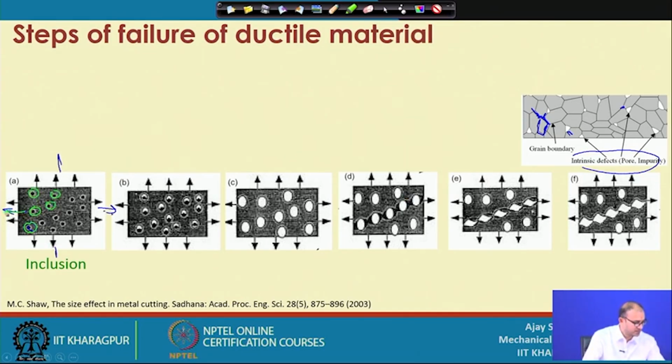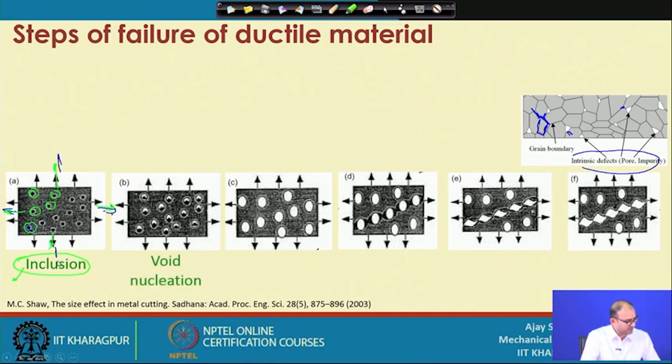Now, you are putting this workpiece in tension in both directions. So, this inclusion will be the origin of the breakage or the origin of the void, and then that void will continue to propagate, and finally you get a breakage.